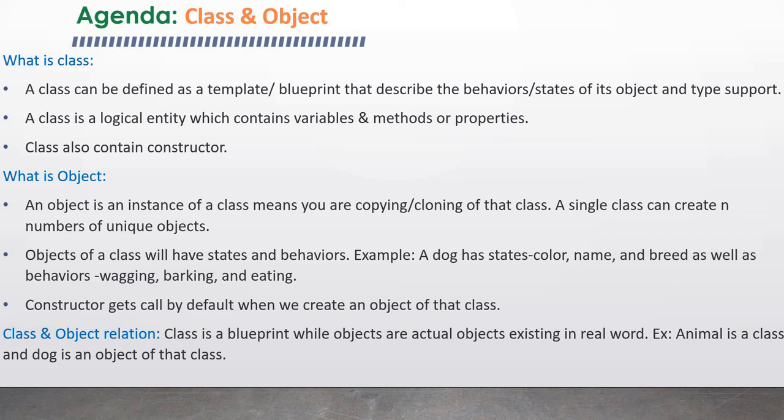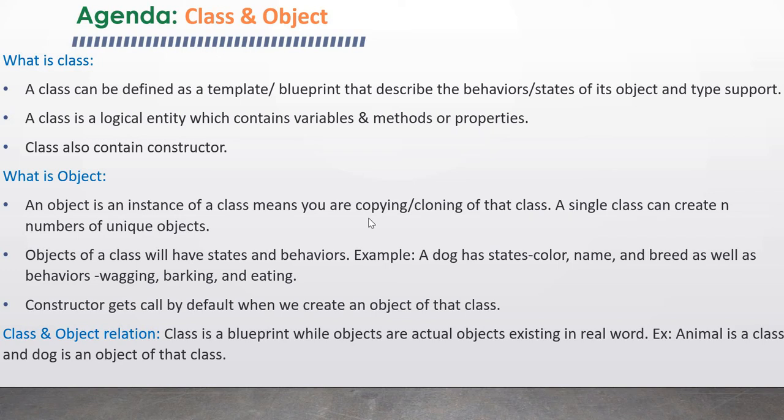So every object will have the same type of attributes, which together form a combination. Since the behavior of the object comes from the class, the template, that's why it's said to be a clone or copy of the class.